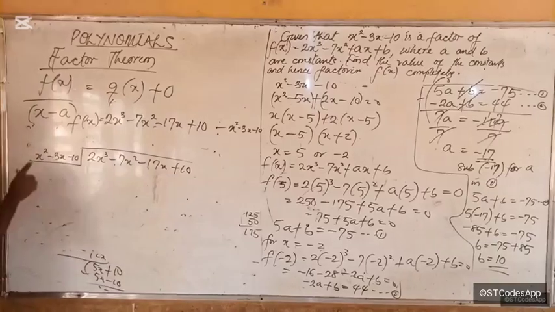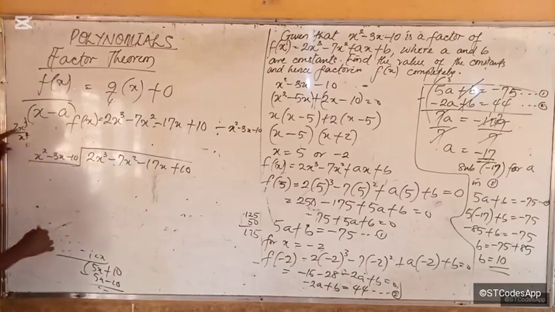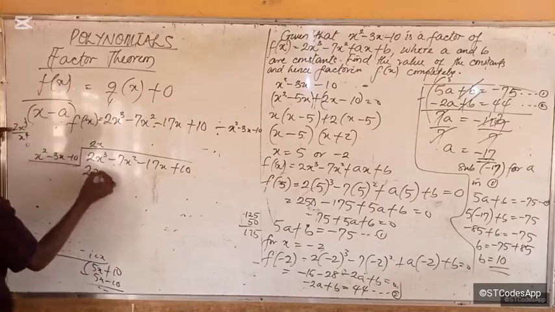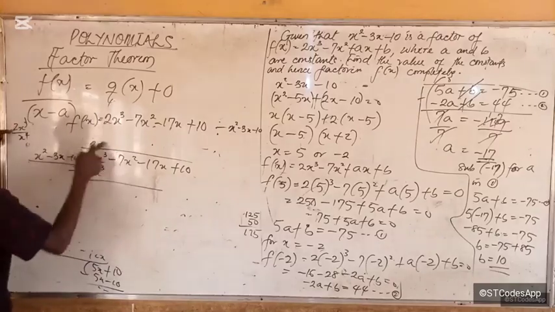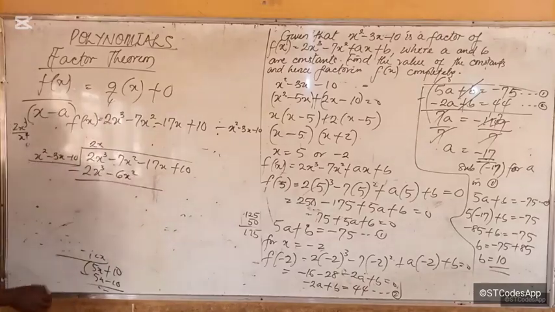So you come here, x squared in this will give us, just say 2x cubed over x squared. So it remains x, and you have 2x. So 2x times this, we have 2x cubed. 2x times this, we have minus 6x squared.